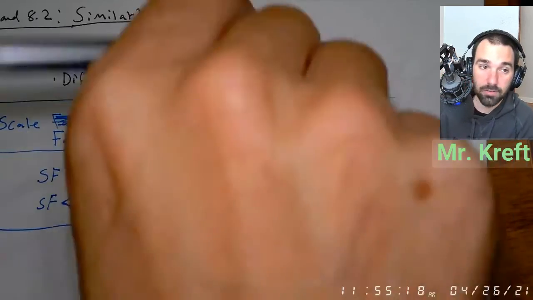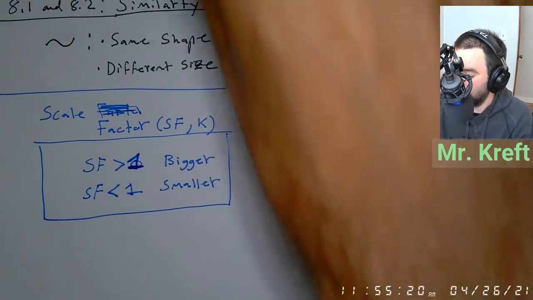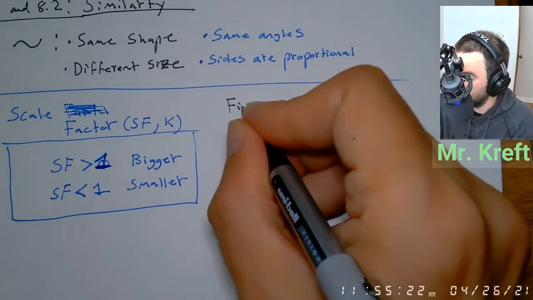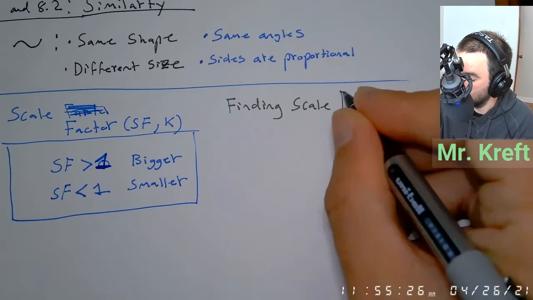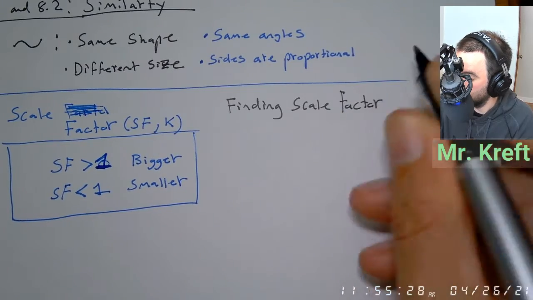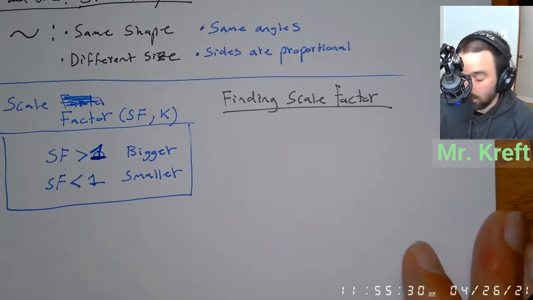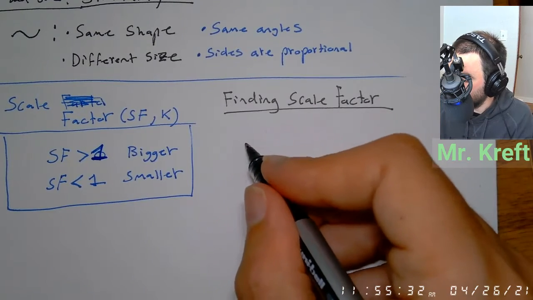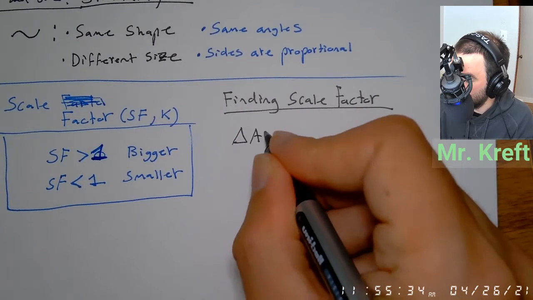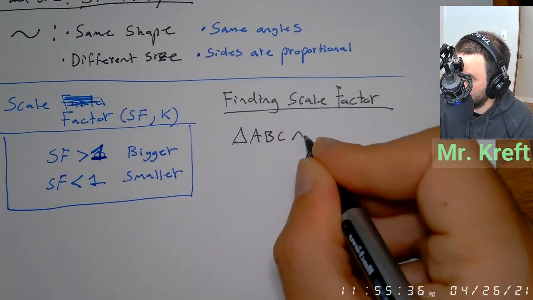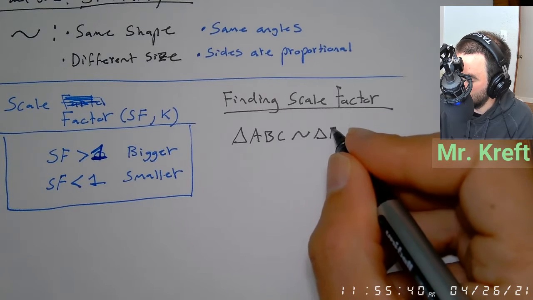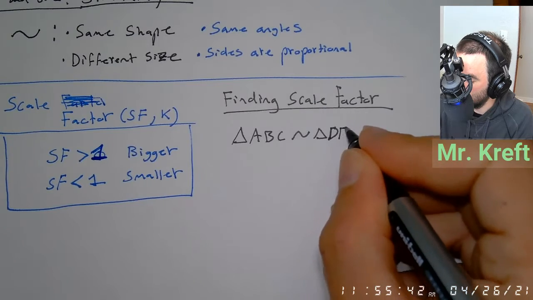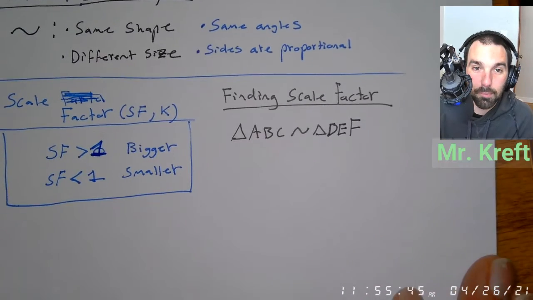So how do we find scale factor? Let's say I have triangle ABC is similar to triangle DEF.